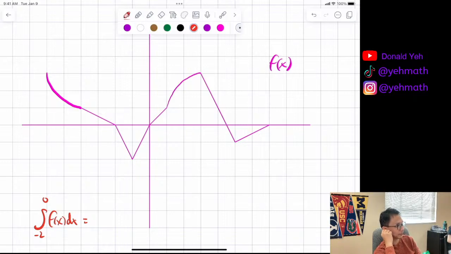What do you think? From -2 to 0. Nope. Remember, the integral is asking for the area under the curve.